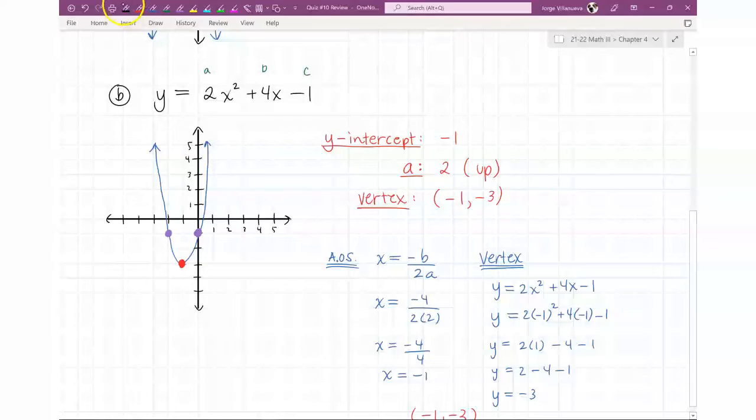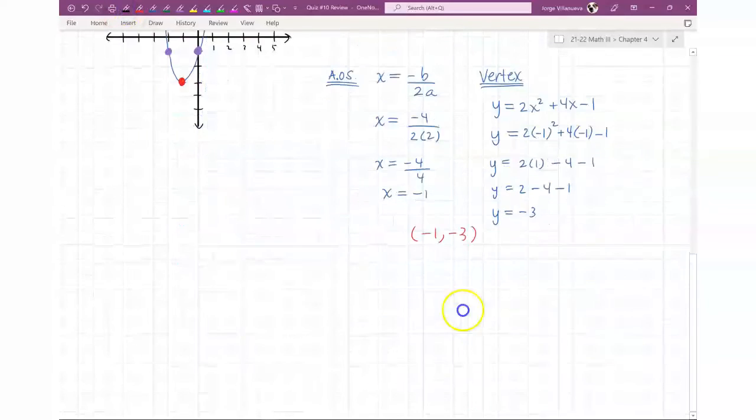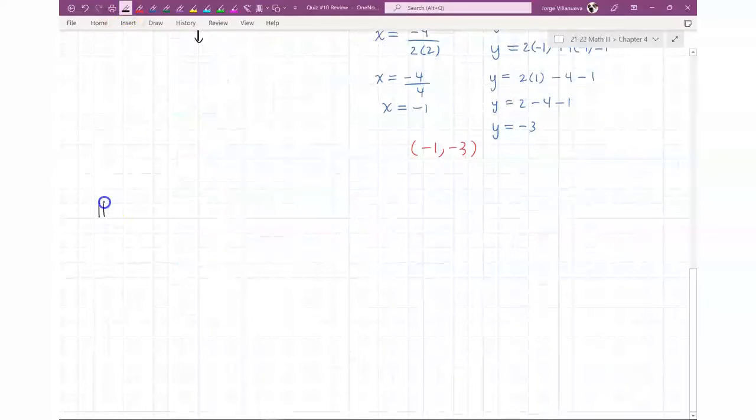So let me give you an example for those. Question number 2 right here. What is the axis of symmetry, okay? They're going to give you 4 of these problems, and there's 2 types of ways you're going to see it.